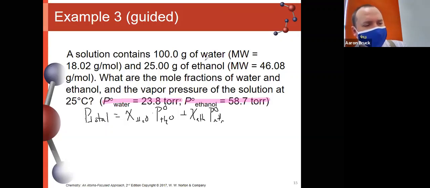So I've got some calculating to do. I've got to find the mole fractions for each, which means first I've got to figure out how many moles of each thing I have.